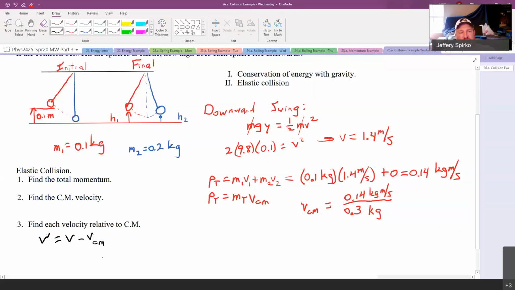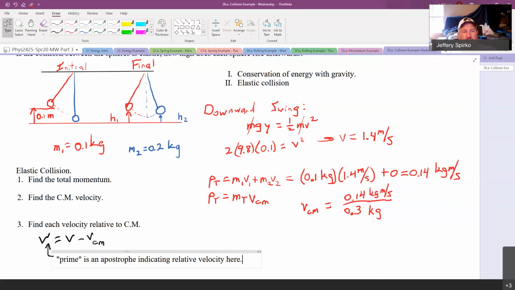The velocity with the apostrophe on it is indicating that that's the relative velocity, the velocity relative to the center of mass.